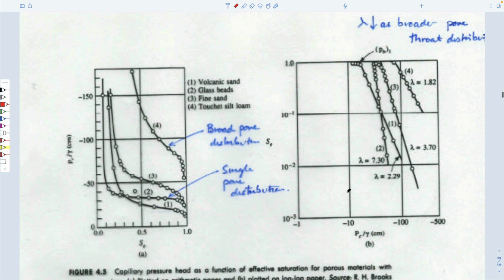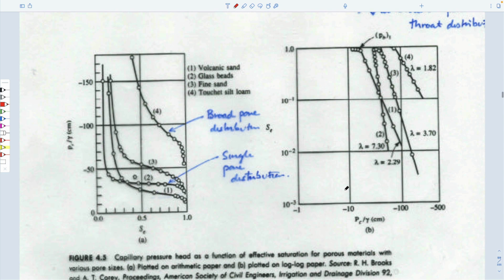We talked about this already briefly, but it's not bad to do it again. This is in terms of not the ratio of the bubbling pressure, but the absolute value. So this is a pressure divided by a unit weight, so it's in units of length by definition. And the ordinates we're interested in would be, this would be the bubbling pressure here.